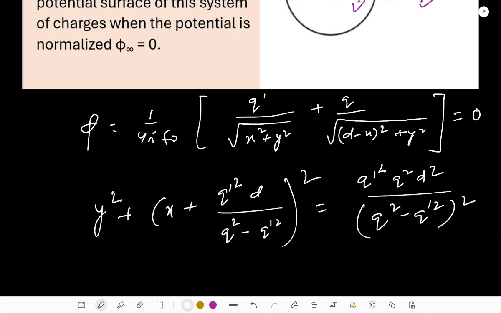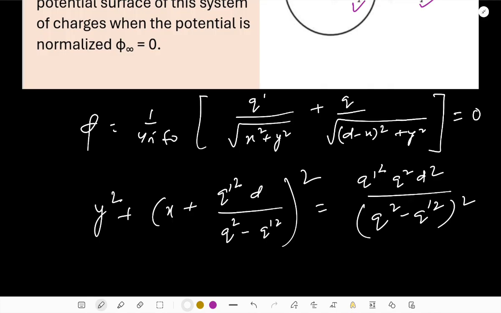Put the values of q dash, and this is the equation of, finally, you are going to get a circle.